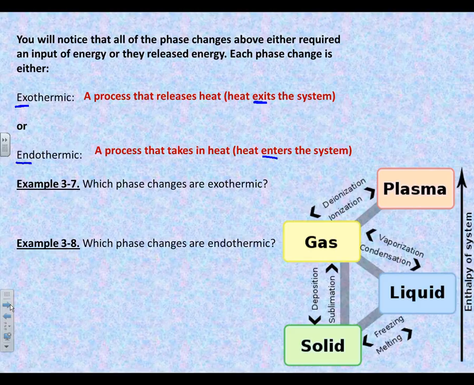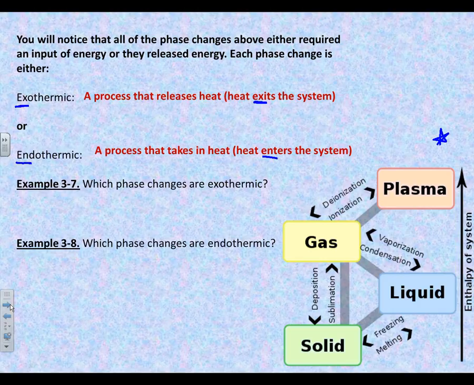So which of the phase changes are exothermic? Which of these are releasing heat? Keep in mind, if you can make your brain switch like this, if they are releasing heat, then it's actually becoming colder because it's releasing that heat. So we can take our graph, our picture over here on this side. This is why I like to just memorize the graph itself.